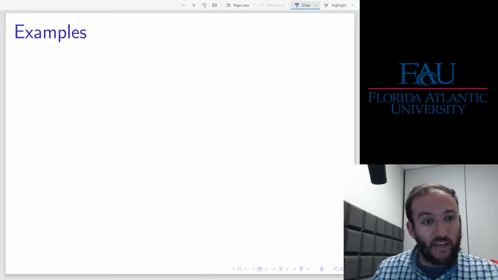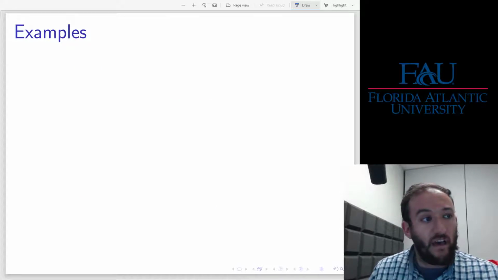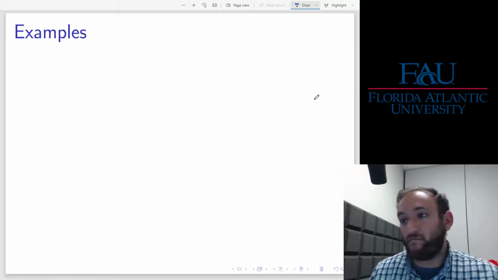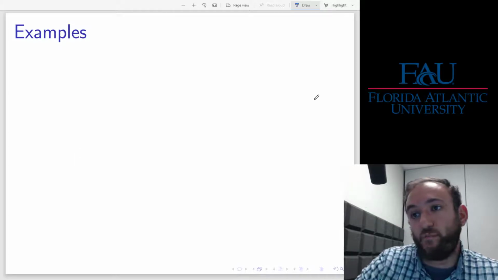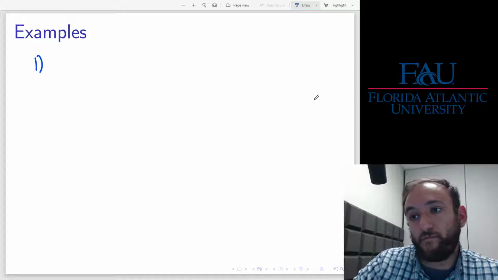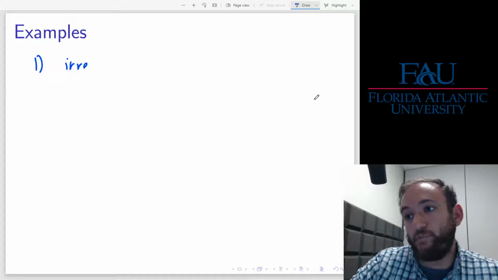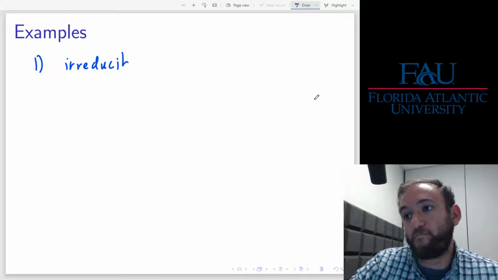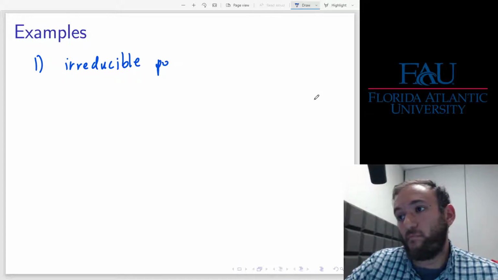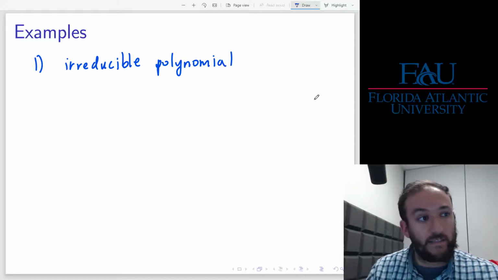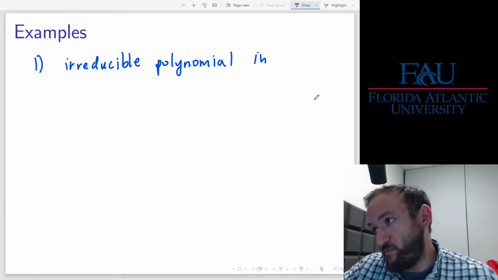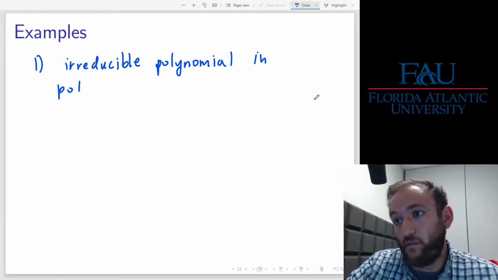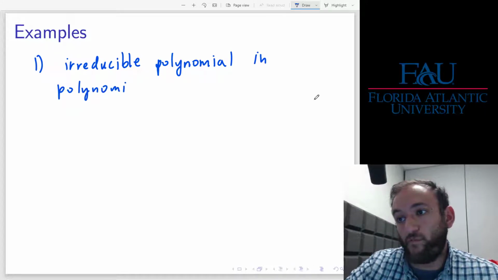Now let's take a look at some examples of prime ideals and the quotients. First of all, we could take any irreducible polynomial, for instance in a polynomial ring over a field.